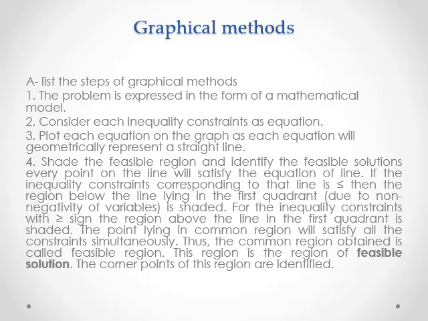For inequality constraints with more or equal sign, the region above the line in the first quadrant is shaded. Understand? The points lying in the common region will satisfy the constraints simultaneously. Thus, the common region obtained is called the feasible region. This region is the region of feasible solution.